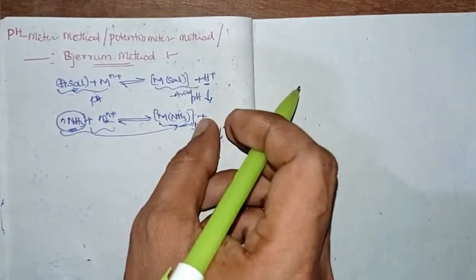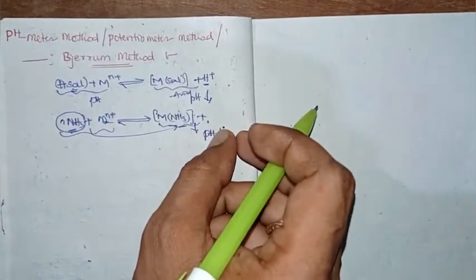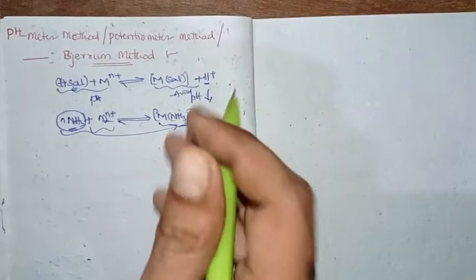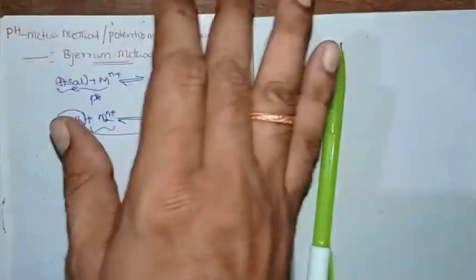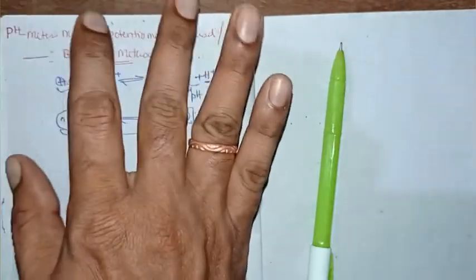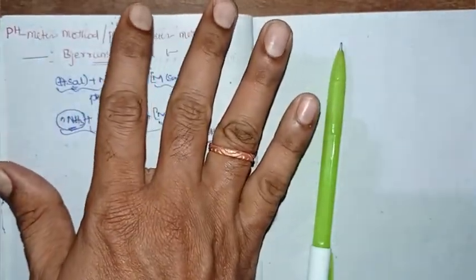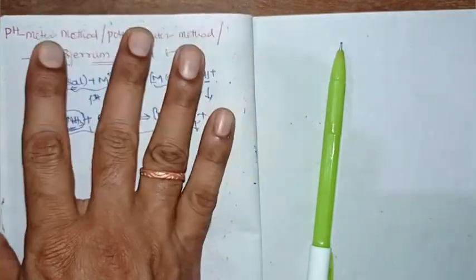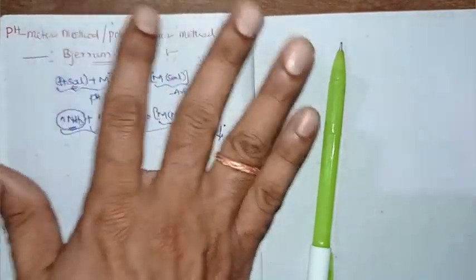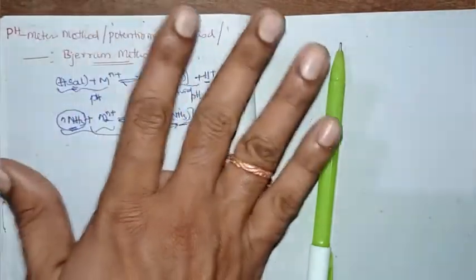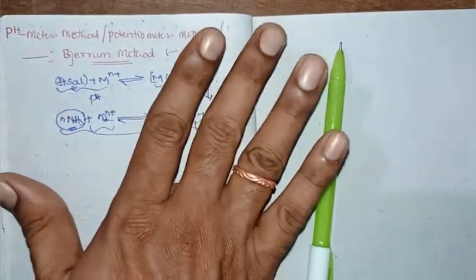Whatever ammonia is left, its concentration will be lower, so the pH value gets decreased. Like this, overall, we can say that the complexation reaction with the ligand side affects the pH, and this effect is to decrease the pH value.